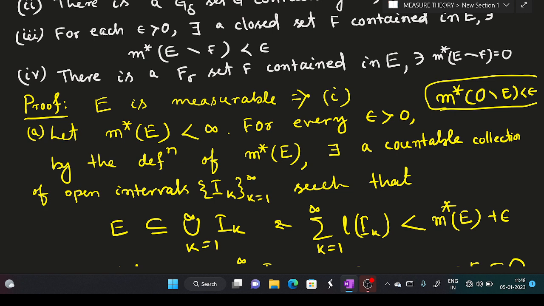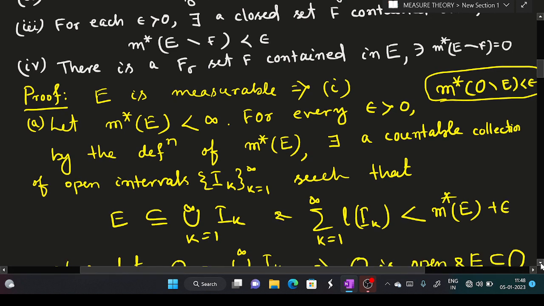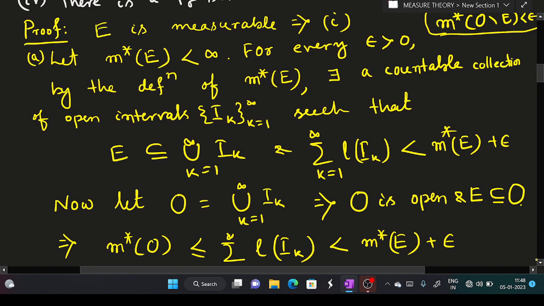Then from this definition, for every epsilon greater than 0, there exists a collection Ik, a countable collection of open intervals, such that E is a subset of the union of Ik. Not only this, it also satisfies, according to the definition of infimum, that infimum plus epsilon is always greater than some element of the set.